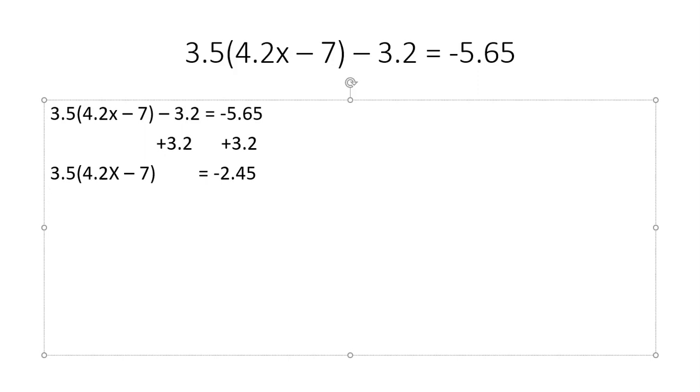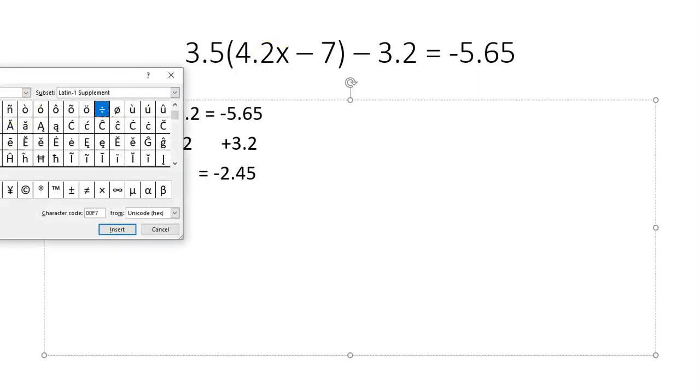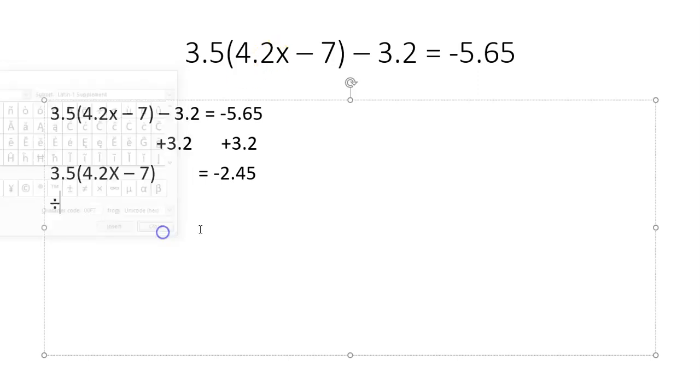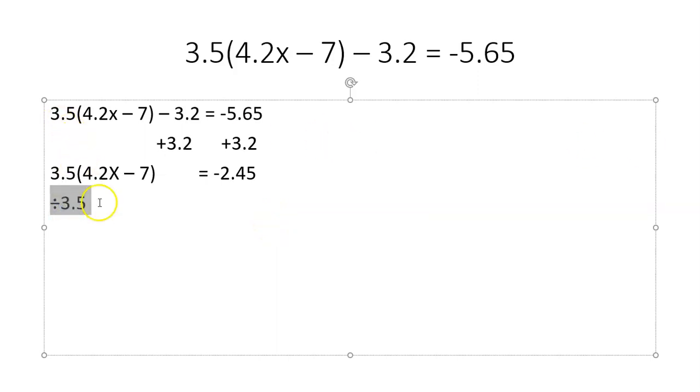Okay, now, because the only thing I have on the side is parentheses, I don't have to distribute. I could distribute, and it would be just fine. Or I could divide. I'm going to choose to divide, just again, because I wanted to show you multiple ways of doing the problem. I divide by the 3.5 on both sides, because the parentheses out front means it's being times. So the opposite of timesing is dividing. So I'm going to divide both sides by 3.5.